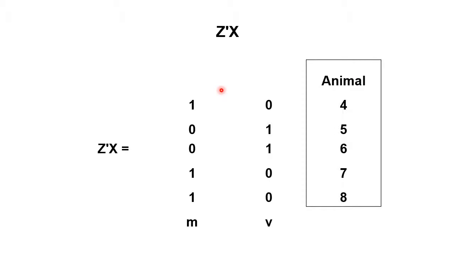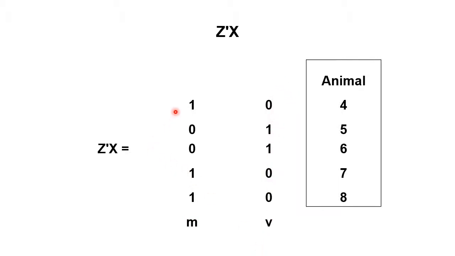The next matrix that we need to construct is Z prime X, and here we have animals 4, 5, 6, 7, and 8 that had observations. So the bottom part of this would be, there's a column for males and a column for females.